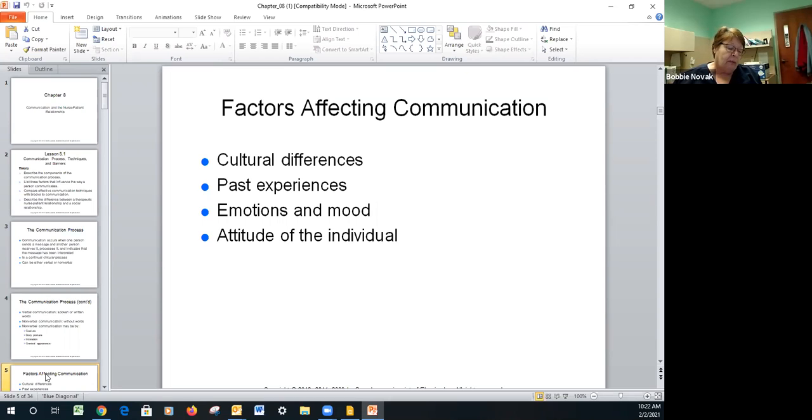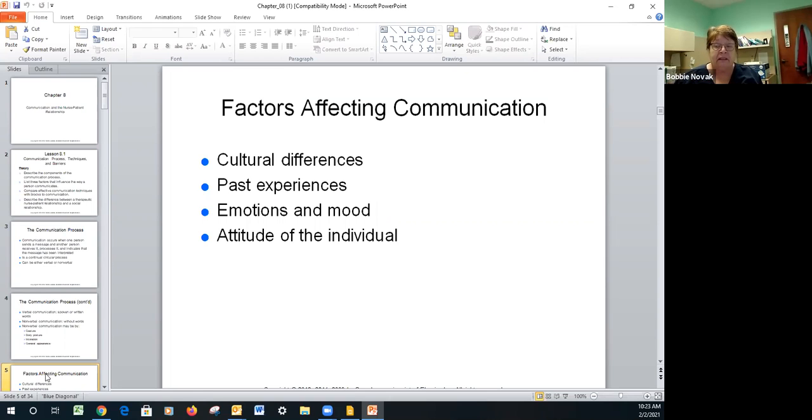The little box there about eye contact and cultural considerations shows how it's not polite to have direct eye contact in many different cultures, not just the Japanese culture that they talk about here. But you need to know how your patients communicate and what's going on with them, so that you can be considerate to them. It's not just how we communicate, it's how they communicate.